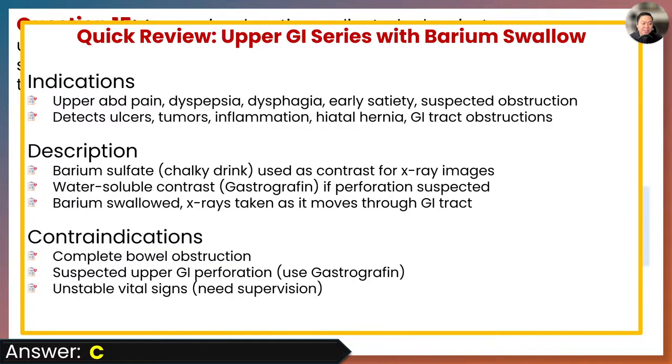Another contraindication is unstable vital signs. What else? We have patients that are uncooperative, especially if they are not going to be able to reposition themselves during the procedure, wherein they're supposed to change or shift positions while the radiologist is taking images.